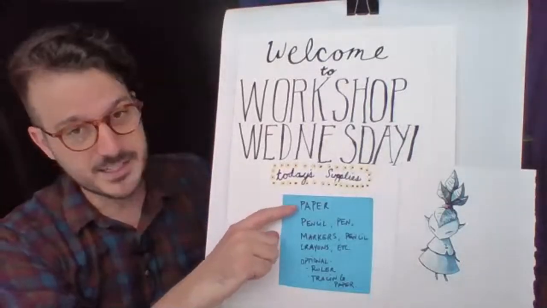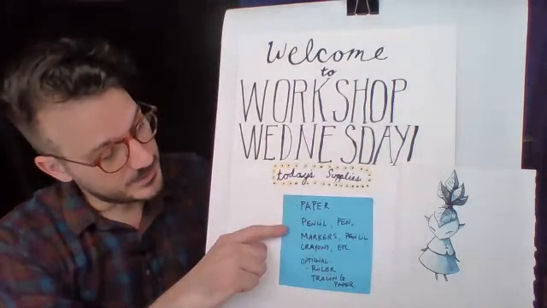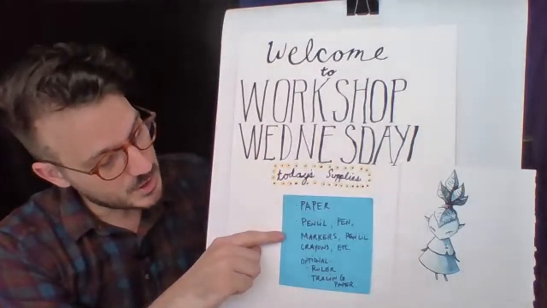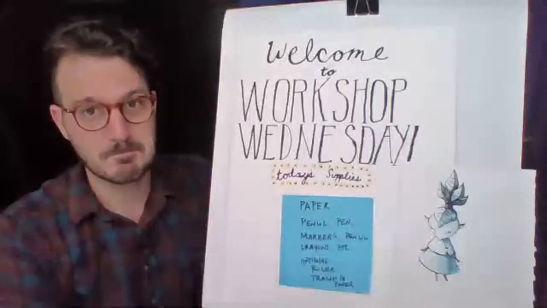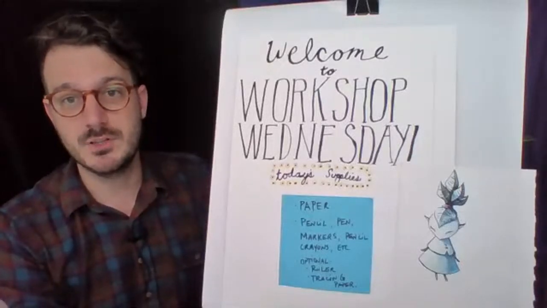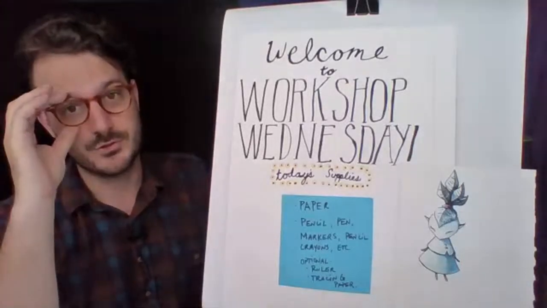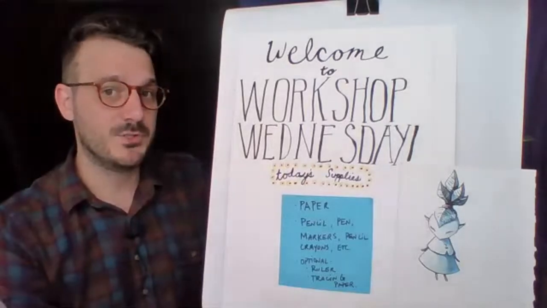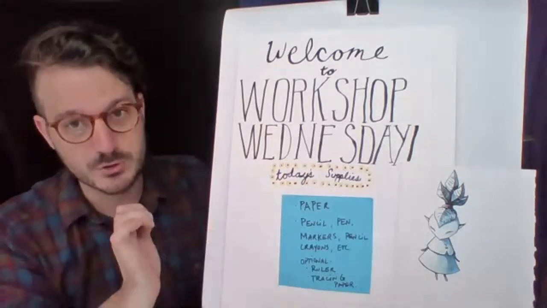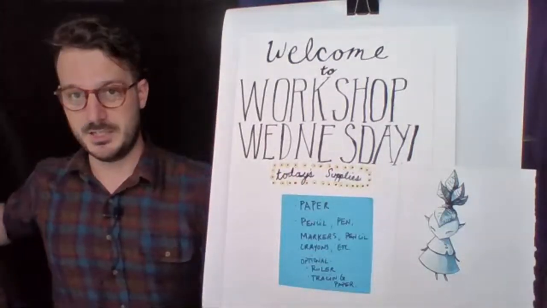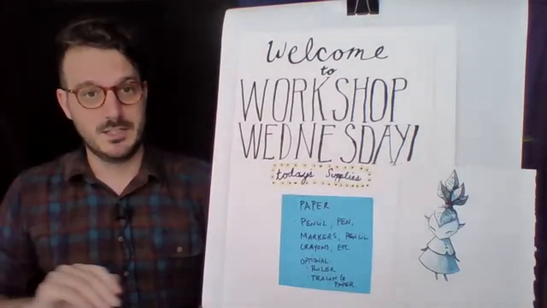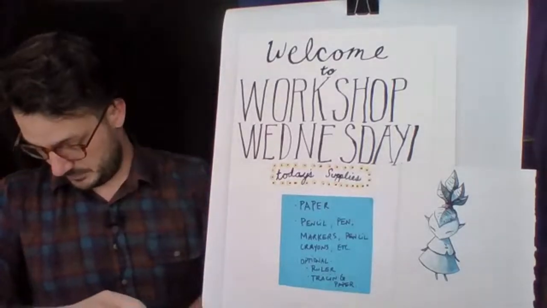It could be any kind of paper, and then pencil, pens, markers, pencil crayons, etc. Whatever you would like to draw with. And then optional, if it helps you, you can have a ruler and also tracing paper. I've got lots of that here that I'm going to be using.